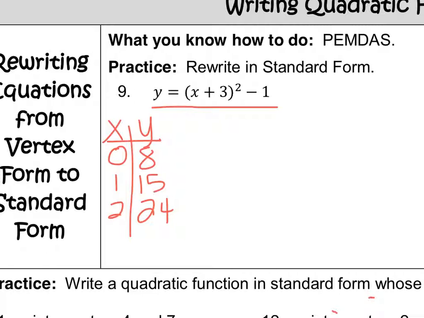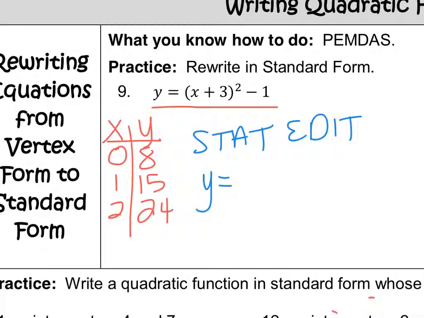So now that I've got 3 points, I'm going to put them into StatEdit and get my equation. Then when I do my stat calculate, I'm going to do stat calculate 5, because 5 is for quadratic, and we are working with quadratic equations. So my equation is y equals 1x squared, so I'm not going to write the 1, plus 6x plus 8.